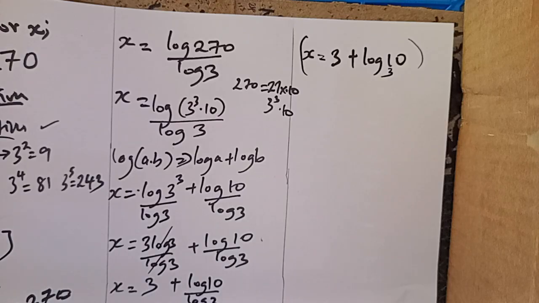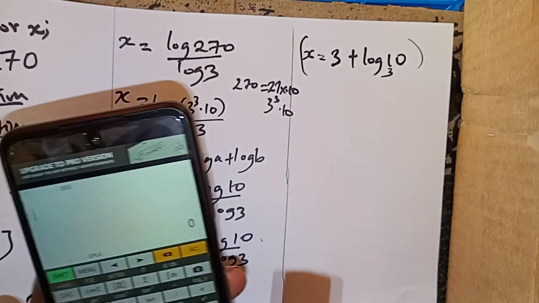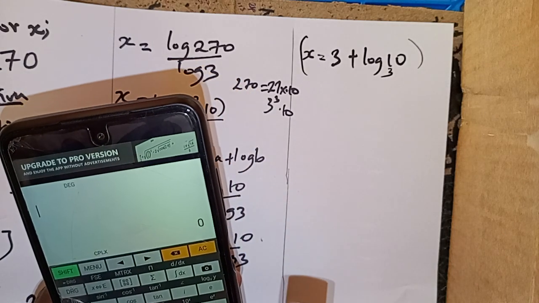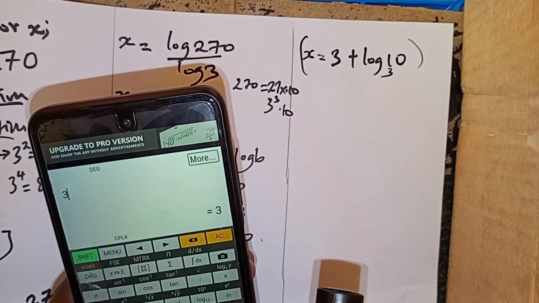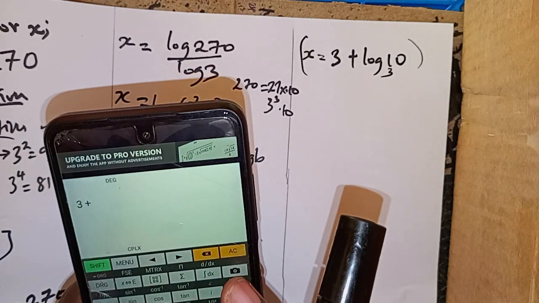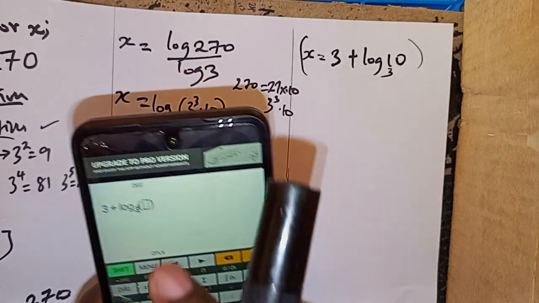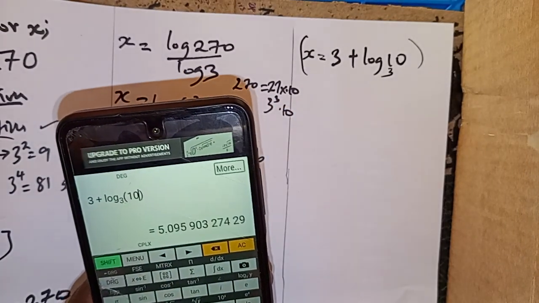Computing this in our scientific calculator, we have 3 plus log to the base 3 of 10.